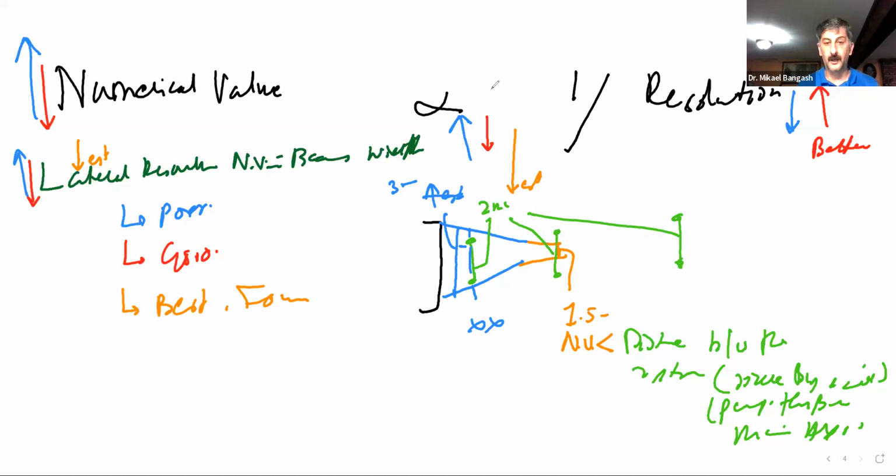Because the numerical value is lesser than the distance between the two structures, here we have the best lateral resolution in the entire course of the beam. That's going to be the point where we will have the best lateral resolution, not axial resolution, sorry.